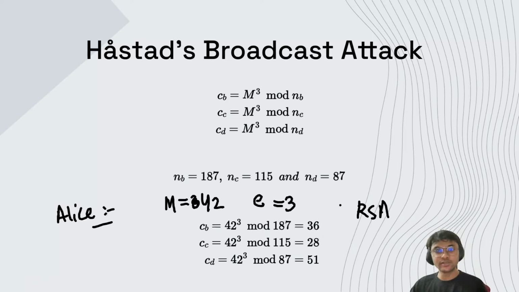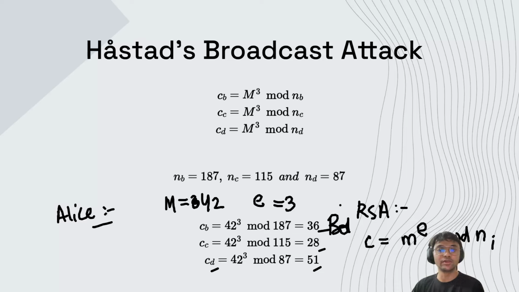Again, in RSA, we compute the ciphertext as M raised to E mod N, in this case N sub i, and this is what we are doing. So for Bob, it's 42 raised to 3 mod 187 because we chose the modulus to be 187, and it gave us the result 36. For C sub C, the ciphertext is 28, and for C sub D, the ciphertext is 51. These are the ones sent to Bob, Carol, and Dave, respectively.